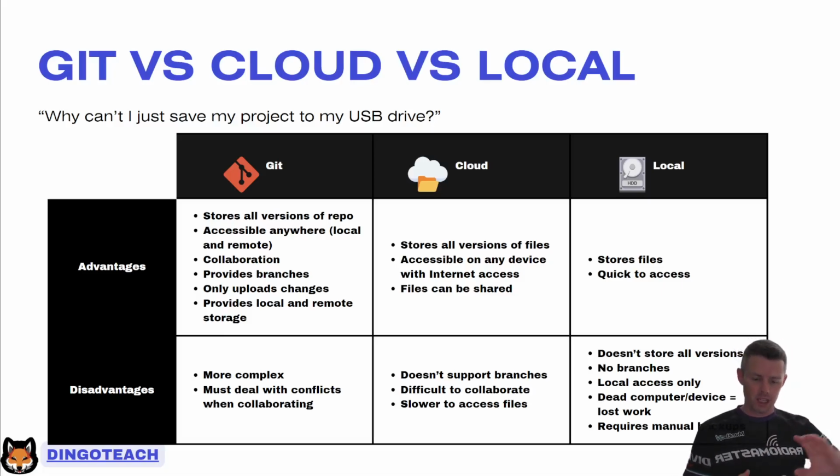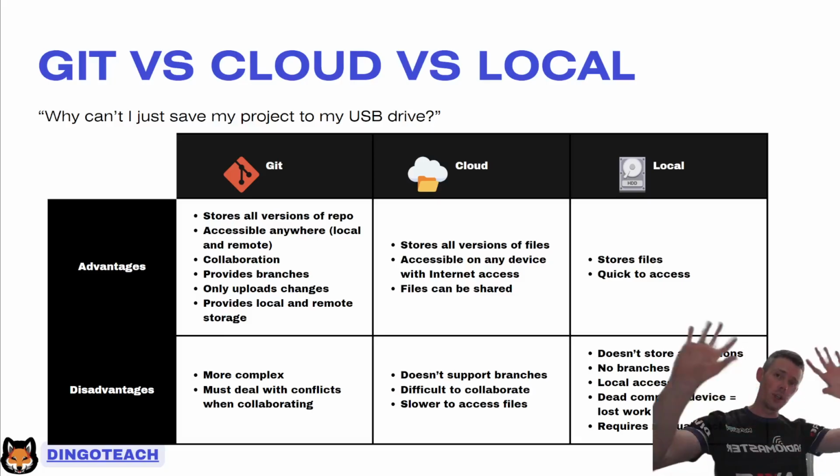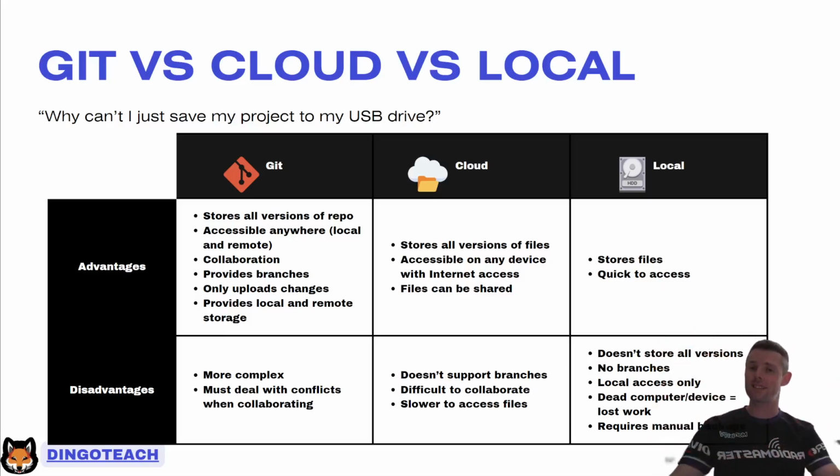For Git, it stores every single version you commit into your repo, okay? And if you upload it to a remote repo, it's accessible anywhere you've got internet access. So if it's on GitHub, then you can get it anywhere. You just need to make sure you have a Git program or a program to download, which we'll talk about soon. You can collaborate on those things now.